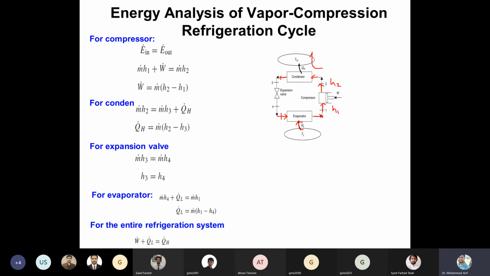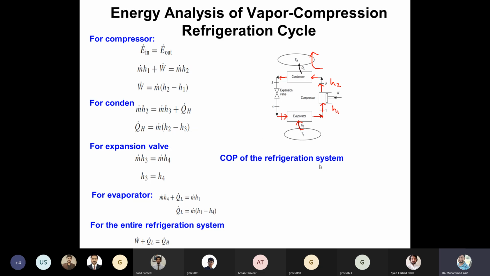From here, in the condenser, energy is going out. Similarly, for the evaporator, energy is coming in, and for the compressor, W is coming in. So in is W plus QL, and what is out? QH. So from here, we can even get W. So W will be QH minus QL.